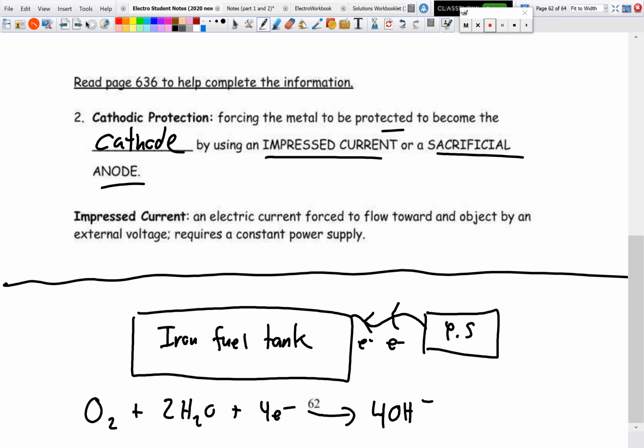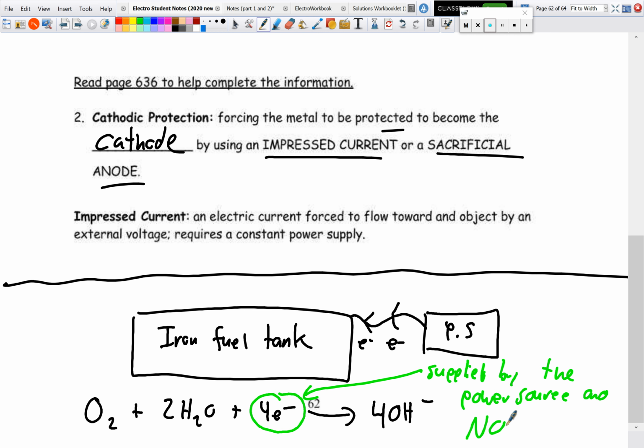Normally in rust, these electrons that it needs are going to come from iron. But now these electrons are supplied by the power source and not iron solid. So by having this power source hooked up, it's supplying a source of electrons.